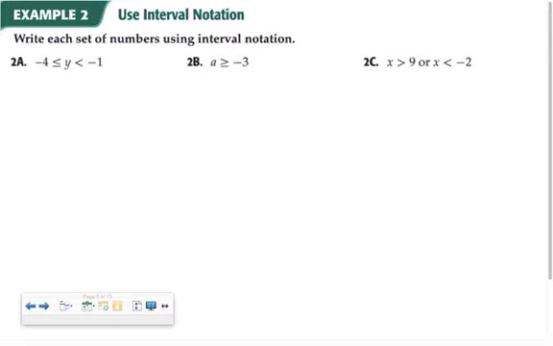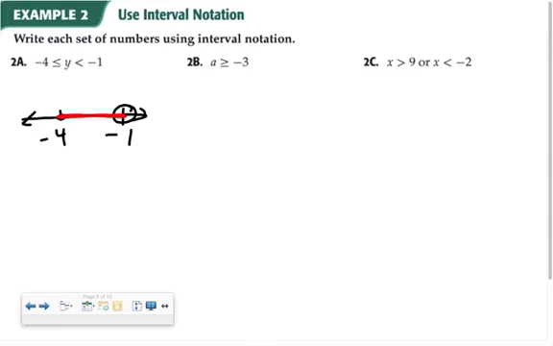So part A, if y is between -4 and -1, then if I've got these two numbers on the number line, -4 and -1, notice that this one is an or equal to at -4, whereas the -1 is not or equal to. And if y is between those values, then it's this stuff.